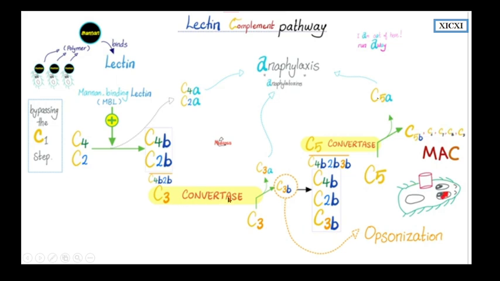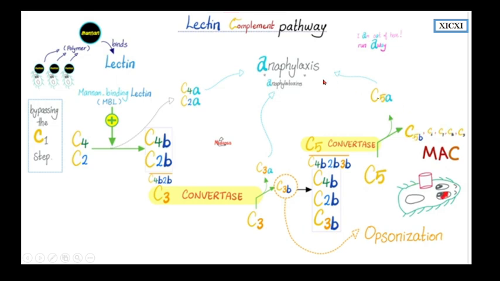This is the enzyme which will convert C3 into C3a and C3b. Of these two proteins, C3a will leave the cascade, and we will remain with C3b. C3b together with C4b and C2b, all of these three, are going to form the enzyme called C5 convertase. This enzyme is going to convert C5, or complement 5 protein, into C5a and C5b.